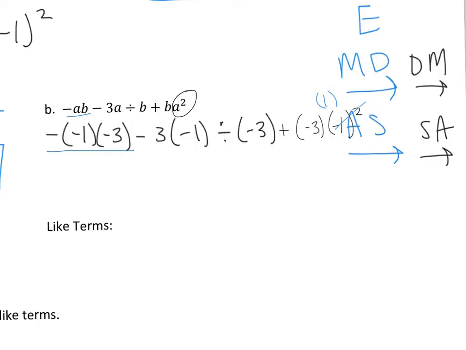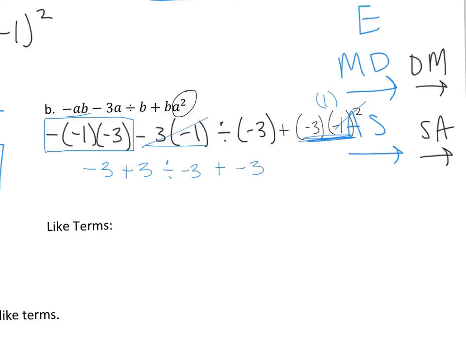If I multiply these two terms, I have a negative, a negative, and negative, so the answer is going to be a negative. So it's going to be -3. And then these two are multiplying as well, so it's going to be +3. And then I'm going to write this out. Divided by -3, plus these two, which is -3.